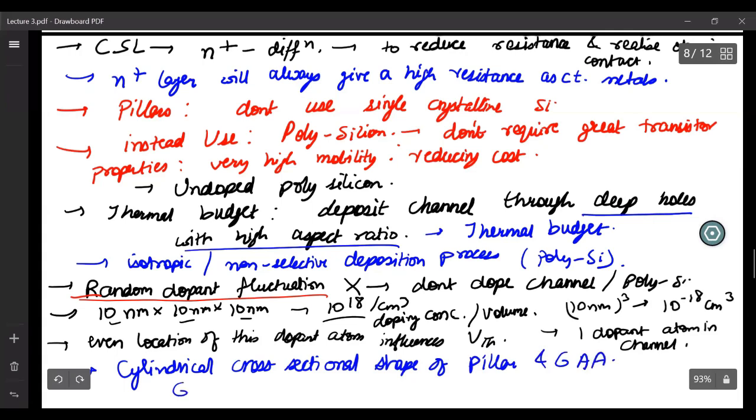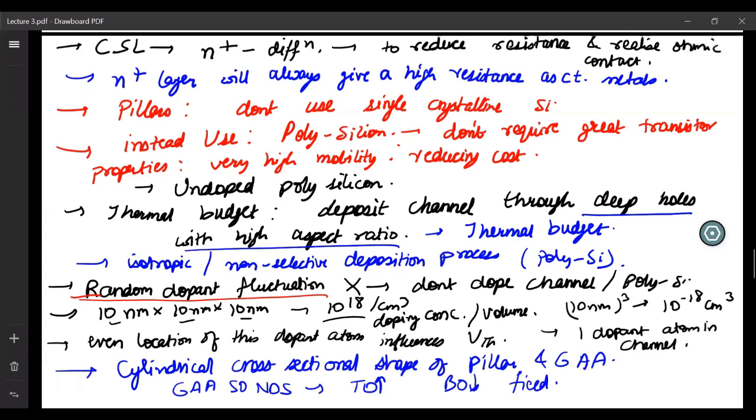As you remember, gate-all-around structures with a cylindrical cross-section will have a high tunneling oxide field and a low blocking oxide field, and this will aid our program and erase mechanisms. So that way, it's very beneficial.